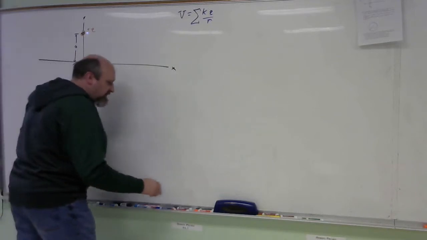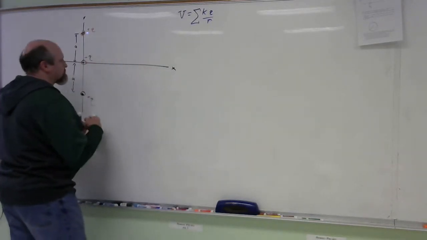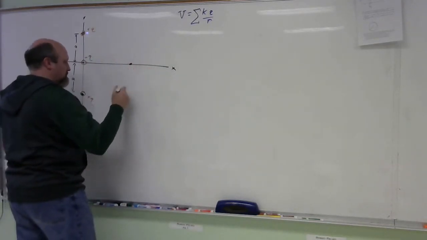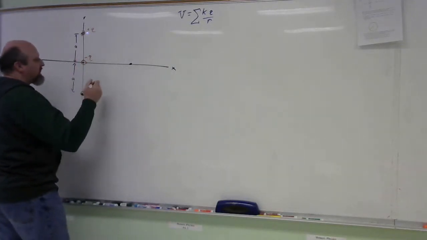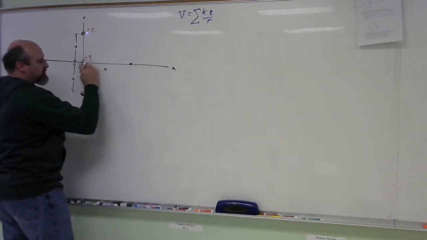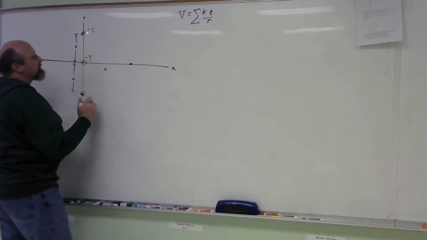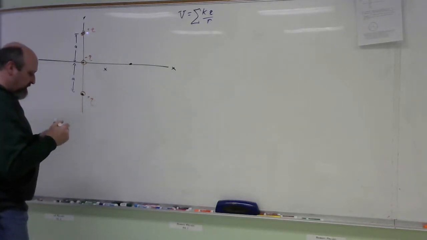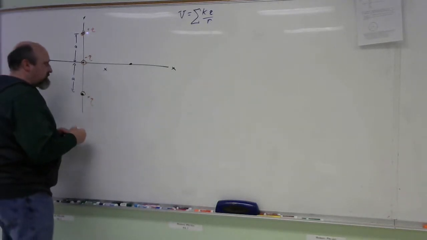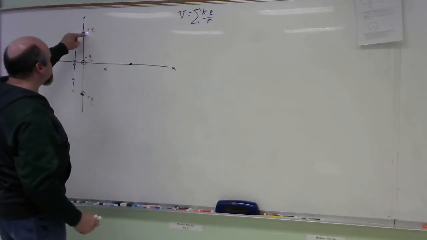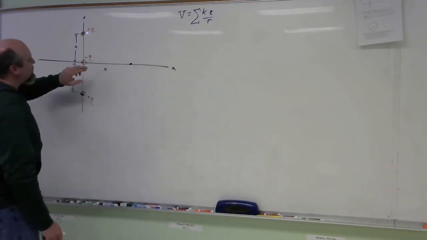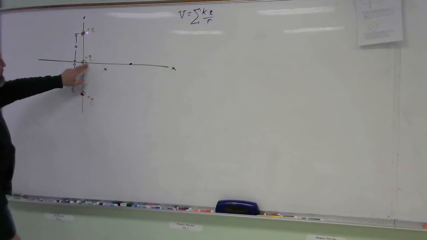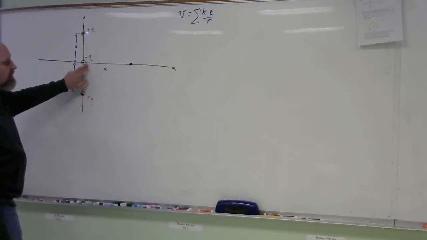So I might just invent a position here and call that location a position x, a variable x out from the origin. If I wanted to find the V value there, I would just add up the V's from the 3 charges.